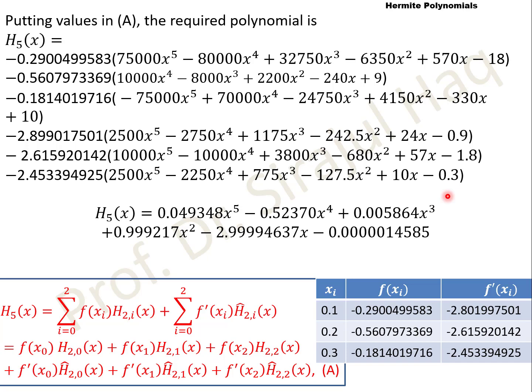How many data points do we have? We have 3 data points. So if you use the techniques which we discussed before, the highest possible degree of polynomial will be 2. But you can see in the case of the Hermite polynomial, we got a polynomial of degree 5.